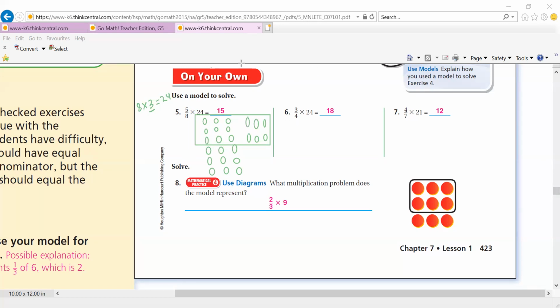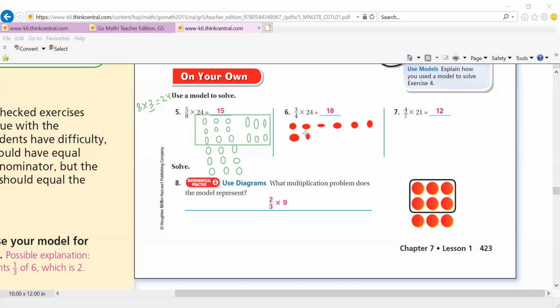Miss, do we take 5? Yes, 5 groups. Now here we have a total of 4 groups. In each I have 6. 1, 2, 3, 4, 5, 6.